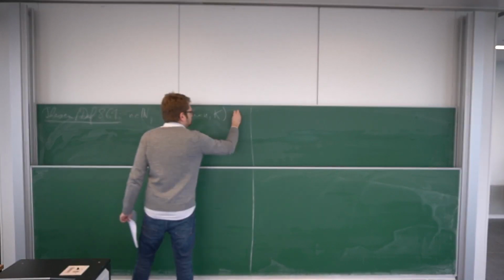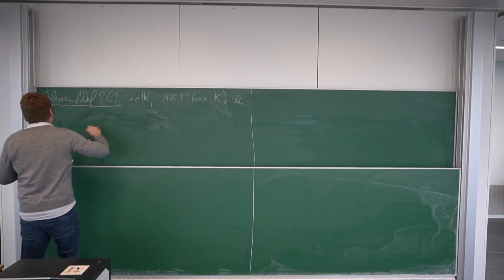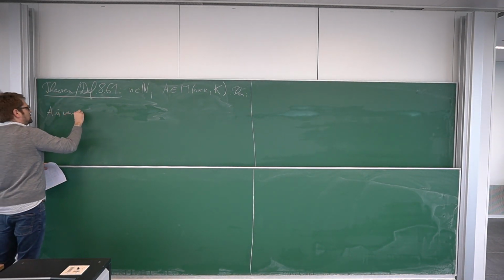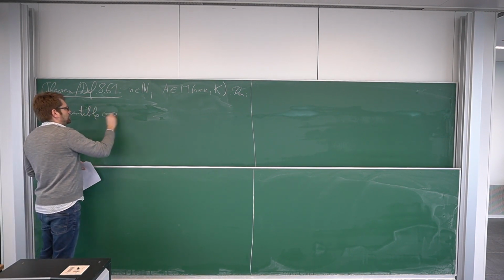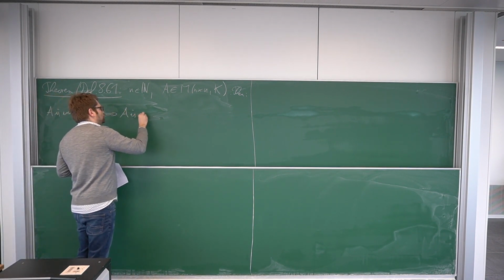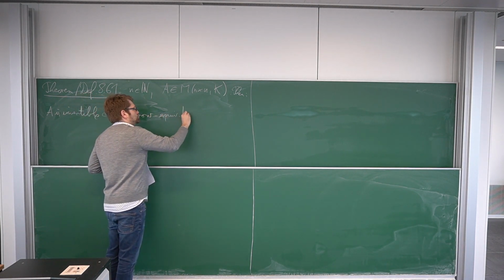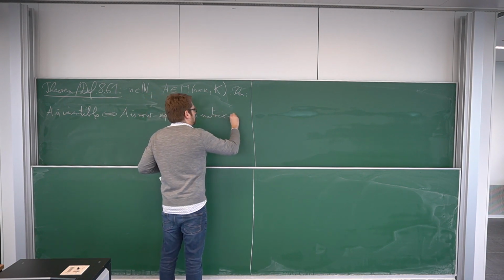Then, now first the theorem part of this. A is invertible if and only if A is row equivalent to a matrix of the form given as follows.